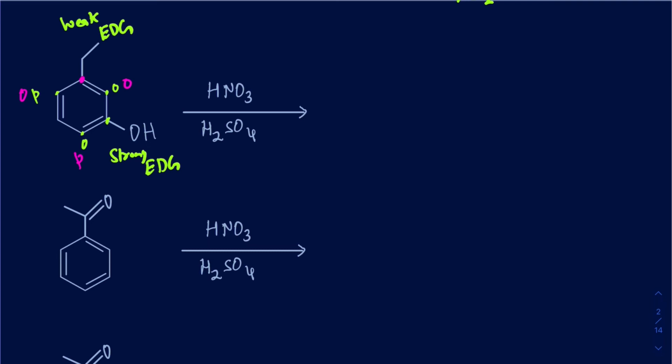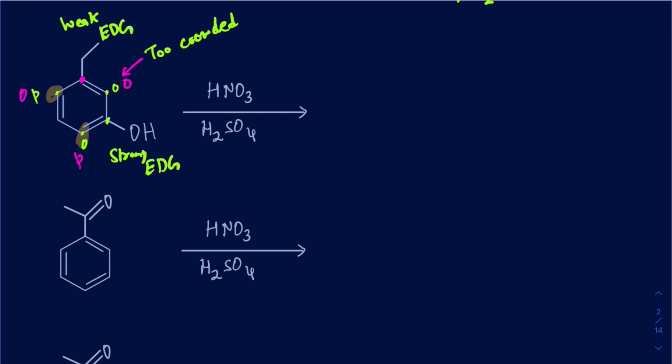But now between those, where do I really attack? The question is, either I can attack, let's say, here. That's one possibility, or I can attack here. This other position right now is too sterically hindered. So I'll say too crowded for this nitro group to come in there.